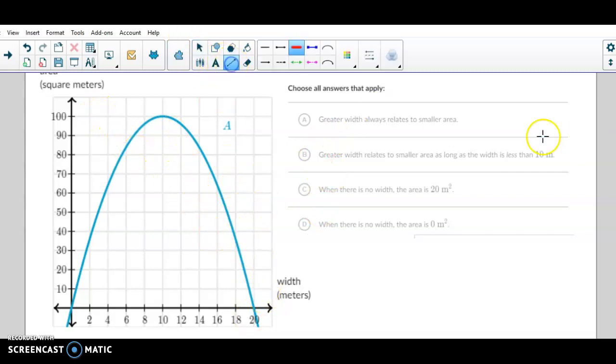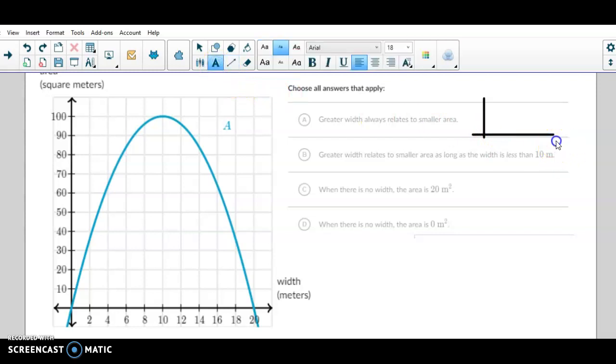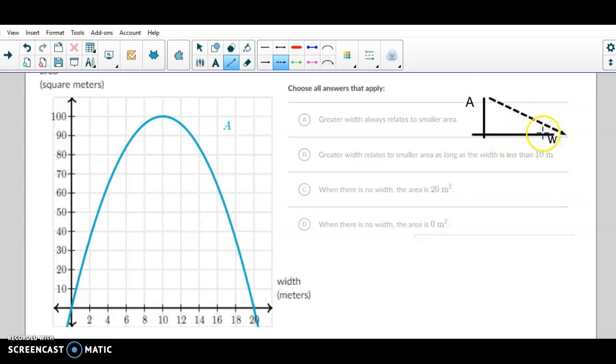So that would only be true if our graph looked like this, if our width was here and our area is on this axis, our graph would be going down, right? That would mean that as our width is increasing, our area is going down, lower and lower and lower. And that's not the case. Our graph goes up and down. So that's not one of our options.